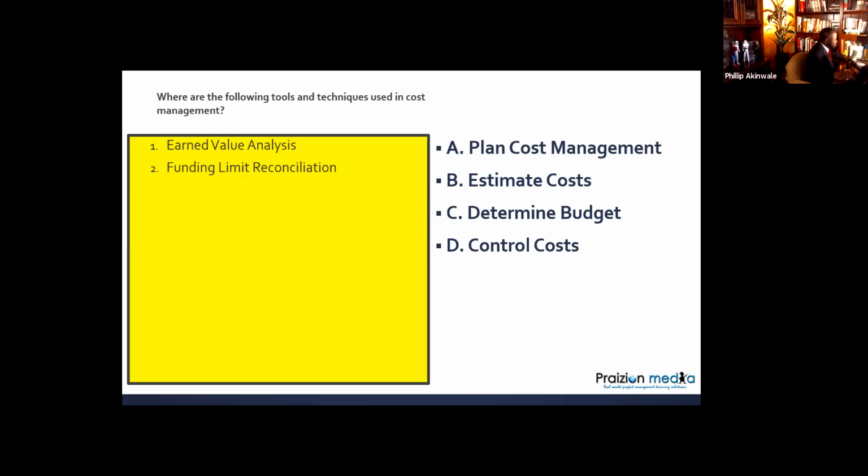Here is your next one. The next tool and technique is analogous estimating.